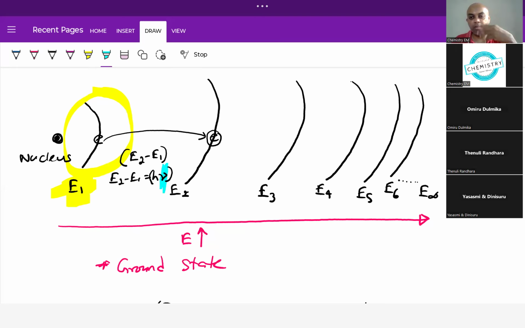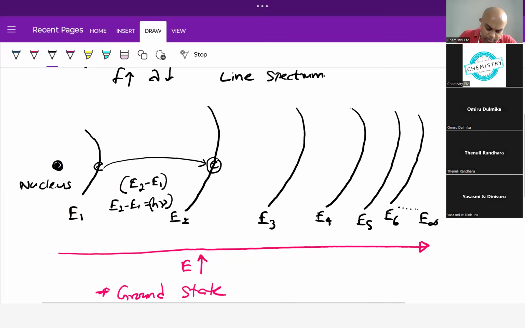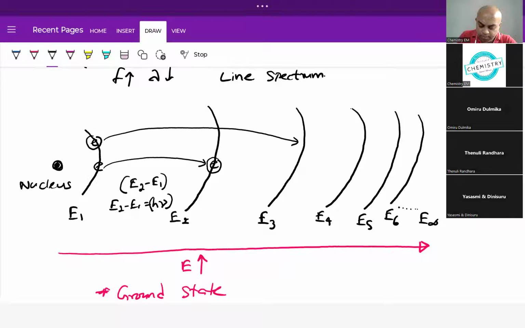Now we are supplying further energy. There can be some situations where this electron absorbs enough energy, moving from E1, the same electron, to E3. The absorbed energy is enough to move into E3.